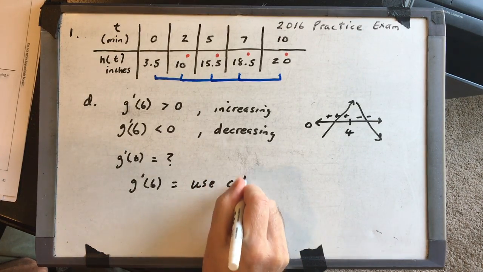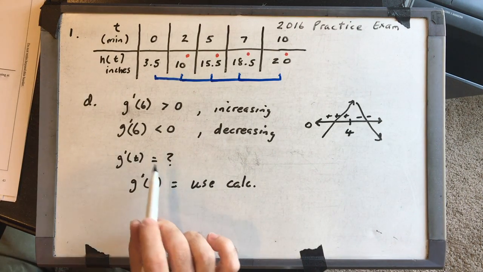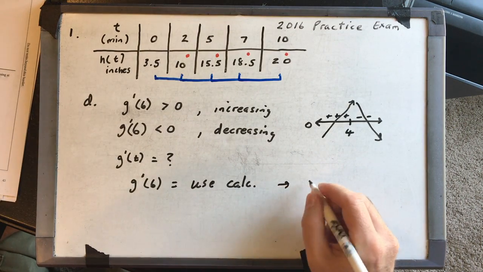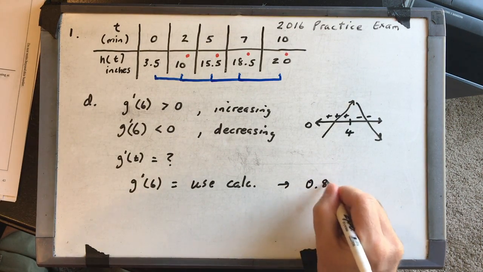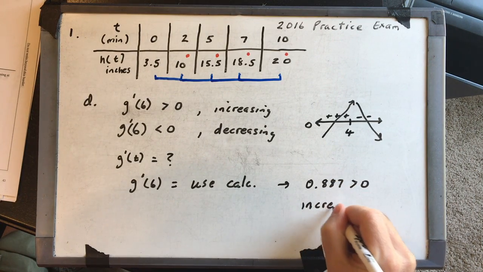You could even graph g of t and then use the dy dx function. But you're not going to need that for the 2020 test. You find g prime of 6 is equal to 0.887, which is greater than 0, so it's increasing.